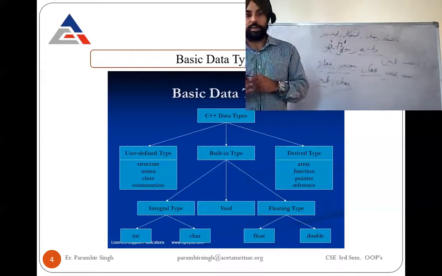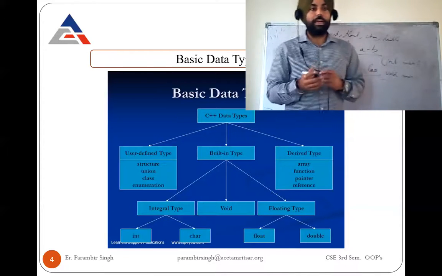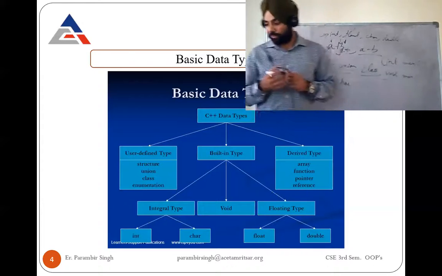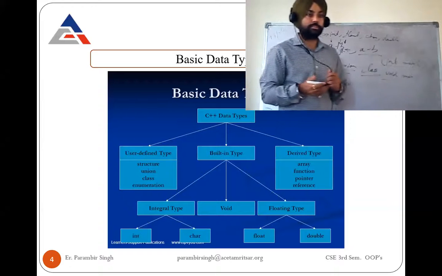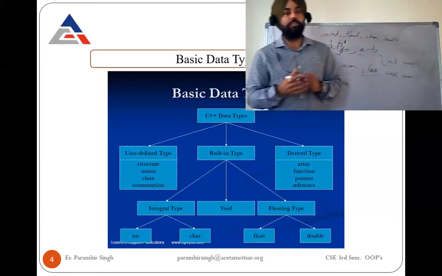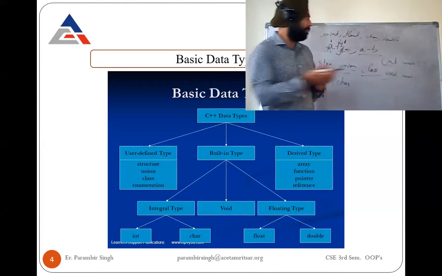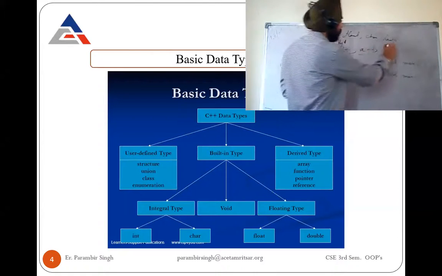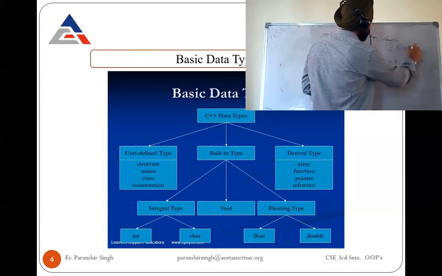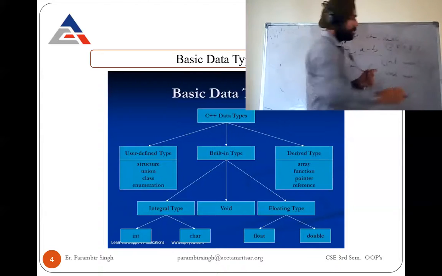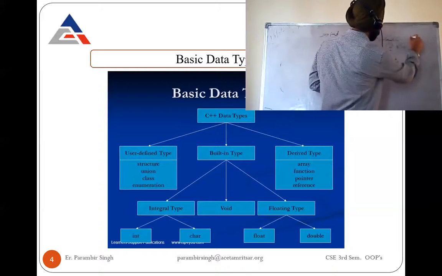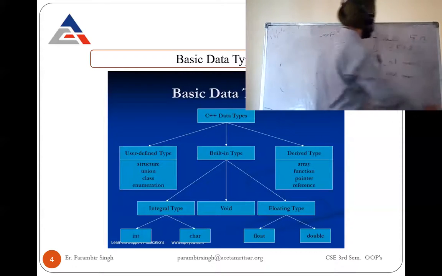In the case of floating type, we further characterize two types: one is float and second is double. The size is different whether we are talking about an integer type variable, double type variable, or float type variable. Suppose we want to add 2.5 plus 2.7, it will show the complete result 5.2.